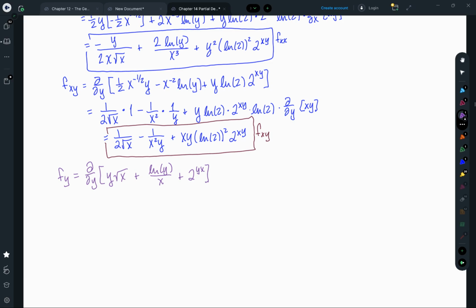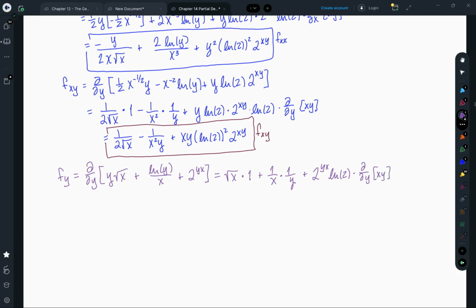So the del y of y square root of x, I'm going to go ahead and write it as square root of x times the derivative of y with respect to y is just 1, plus the 1 over x times the derivative of ln of y with respect to y is 1 over y, plus the derivative of 2 to the yx, we've done this a few times now, this will be 2 to the yx ln of 2 times del y of xy.